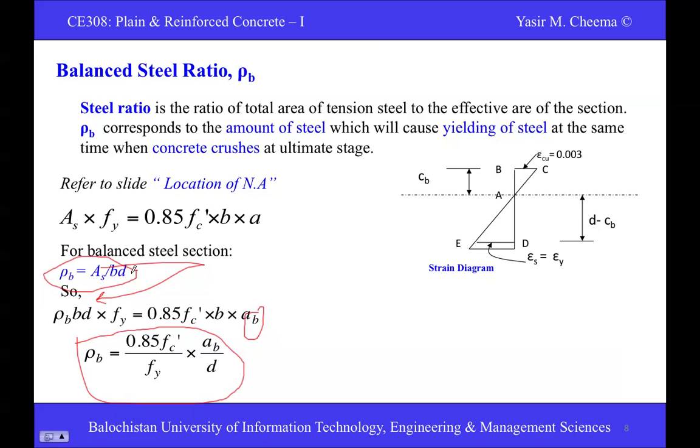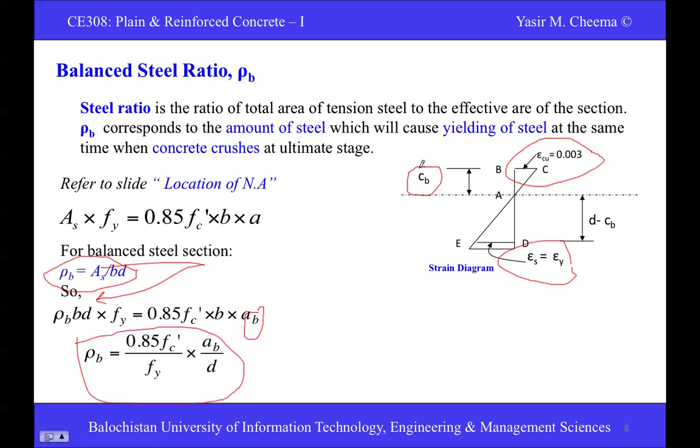So let's say here we have the stress diagram. We take this one, that ultimate strain developed in concrete is 0.003, and here the strain is equal to epsilon s and epsilon y, and this one is the depth of the actual stress diagram C at the balanced steel ratio.